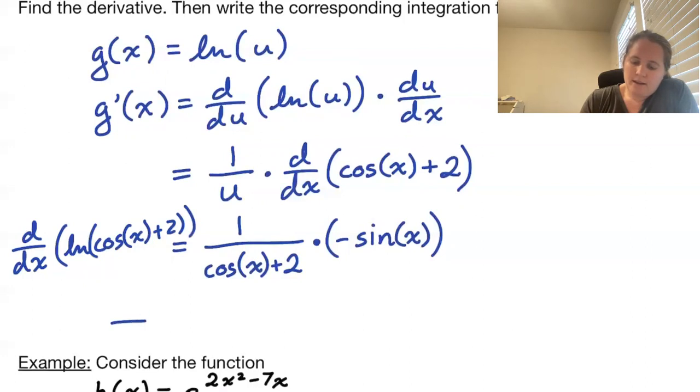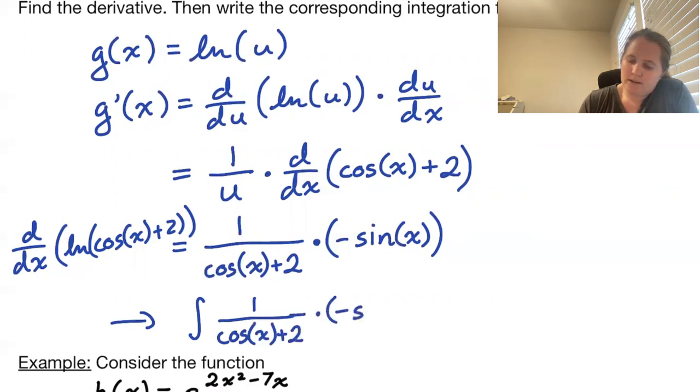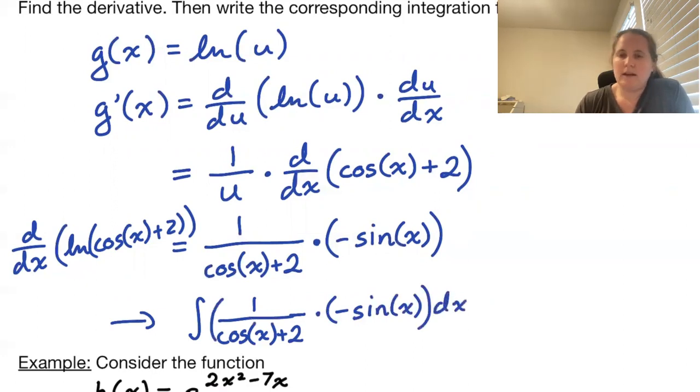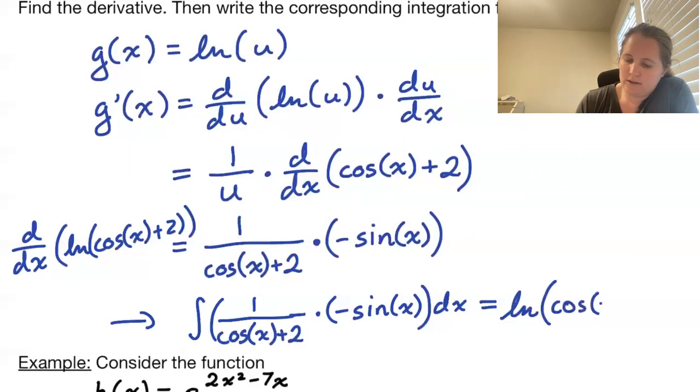So what we wind up getting then is if we wanted to take the integral of 1 over cosine of x plus 2 times negative sine of x, that whole thing times dx, this winds up simply being the natural log of cosine of x plus 2 and then plus c.